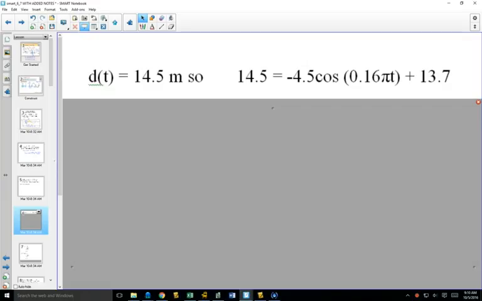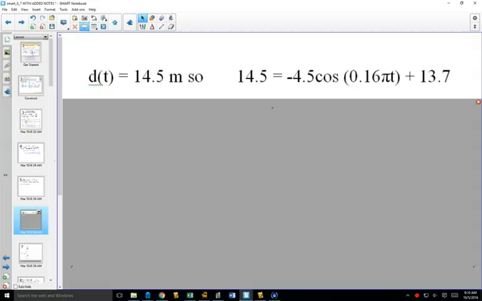You know the depth, so you can plug that in for your y value. And once you plug in 14.5 for y, then in your equation you only have one thing to solve for, and that's t. As soon as you get down to one variable, you just have to use your algebra skills to get that variable by itself.